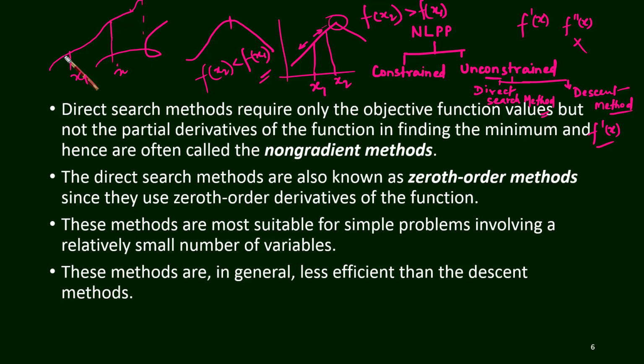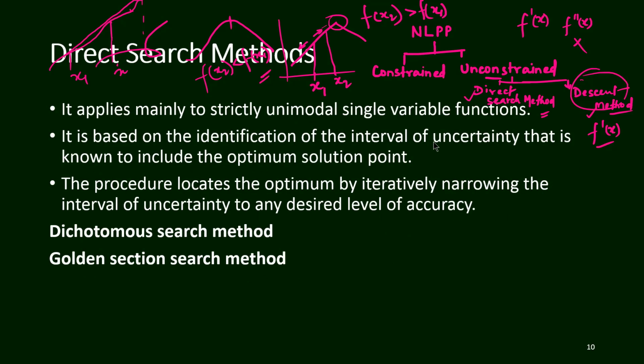So by using gradient you can directly reach with the shortest path, so this method becomes a little bit faster. But because it involves derivatives, it becomes a little complicated also. In case of direct search method, we don't require derivatives, but in case of descent method we use derivatives, and that's why it becomes a faster method.